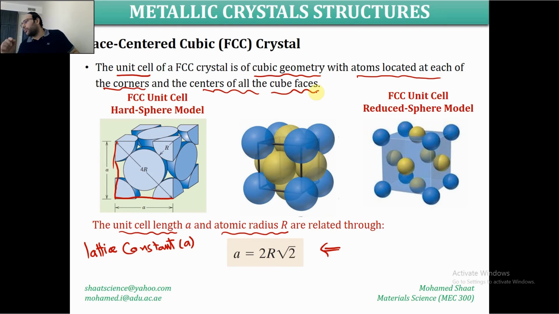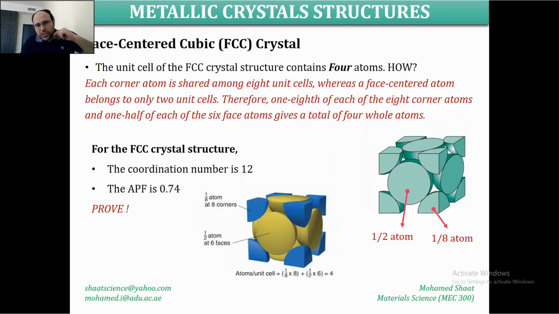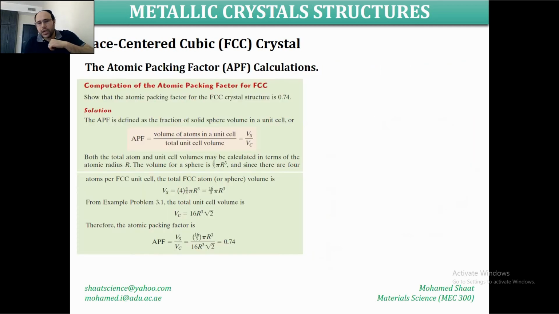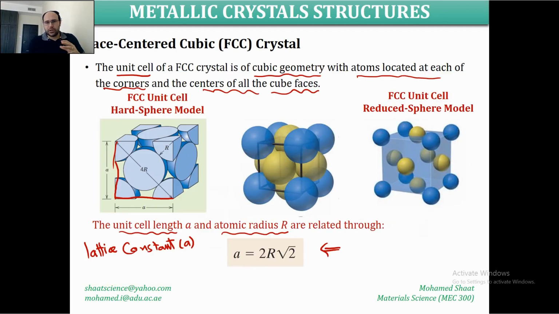This is another important thing. Here we're still talking about the geometry of this unit cell. What distinguishes, for example, the FCC crystal from the BCC crystal that we are going to discuss next is the way of arranging. First thing, the crystal is cubic. This is one property.